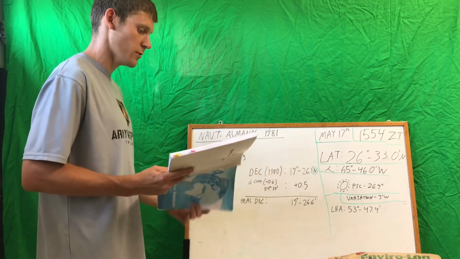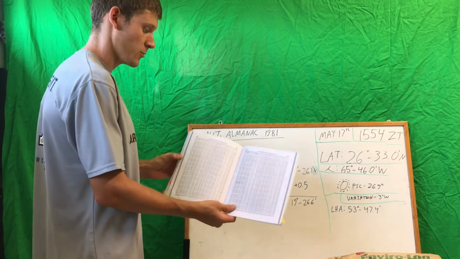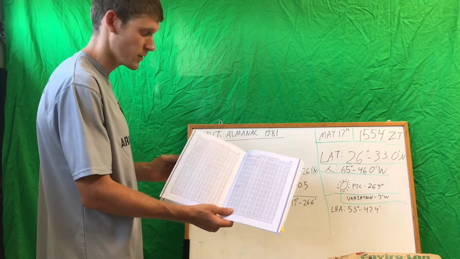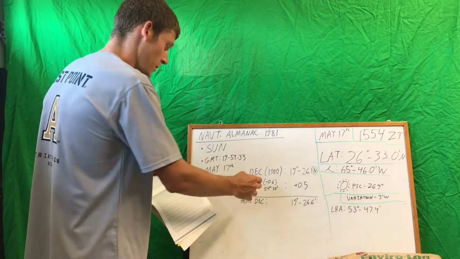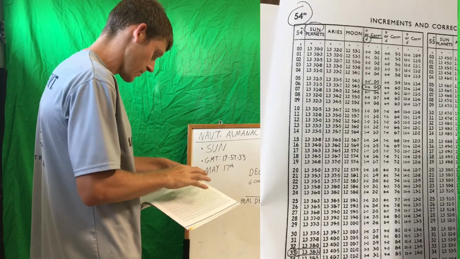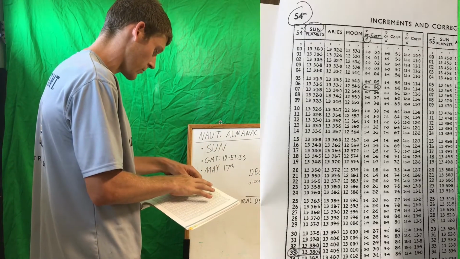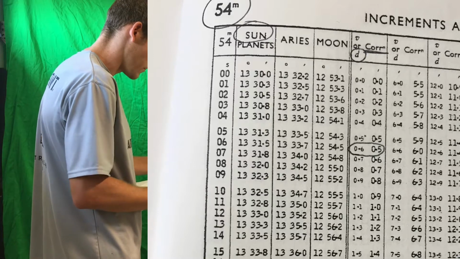So what you're going to do is you're going to go back to the increments and correction pages in the back of the book, the back of the nautical almanac. You're going to find the page for 54 minutes. On this page, if you scroll over, you go sun, planets, Aries column, moon, planets, then you get to V or D correction.